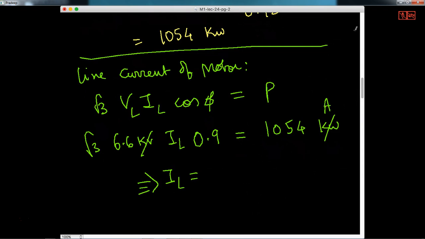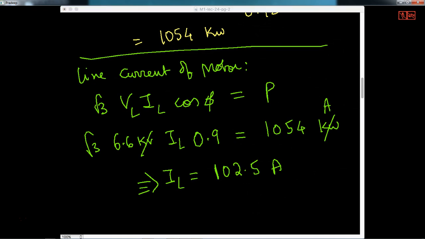So IL is 1054 divided by 0.9, divided by 6.6, divided by 1.732, the square root of 3. Finally I am getting 102.5 amperes. What is this current?